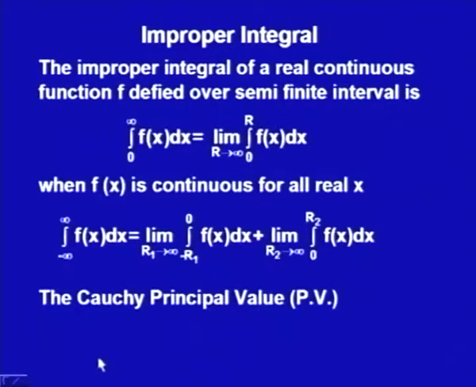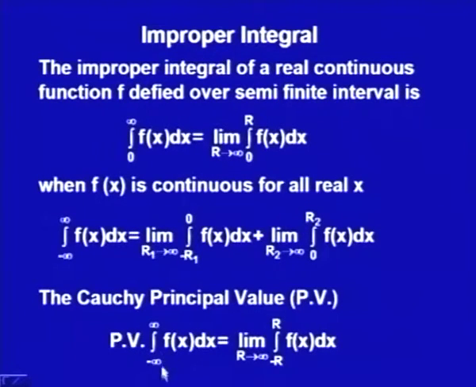What is it? The Cauchy principal value of the integral from minus infinity to plus infinity of f(x) dx is defined as the limit as r approaches infinity of the integral from minus r to plus r of f(x) dx. And if the integral from minus infinity to plus infinity of f(x) dx is convergent, that is, if both these limits exist, then the Cauchy principal value is equal to the value of the integral.